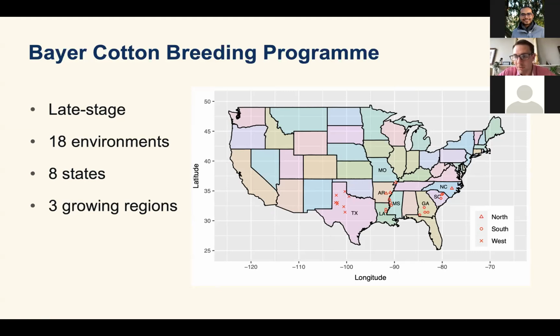We have 18 environments that cover the cotton growing regions from the east through to Texas. Those three major growing regions are highlighted with our different symbols here: the north, the south, and then the west over in Texas. That encapsulates the data set that I've been working with initially, anyway, to develop the models in my PhD.